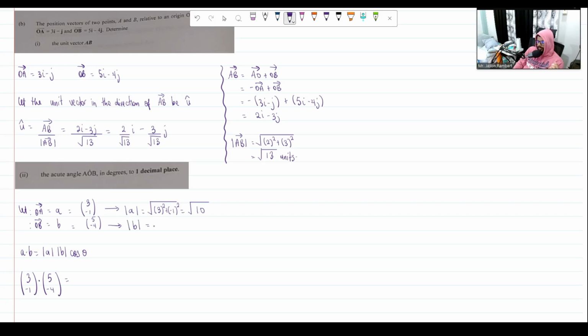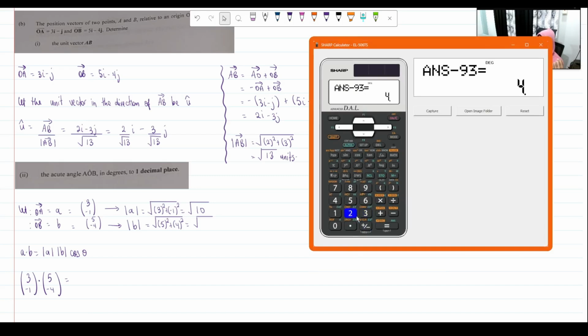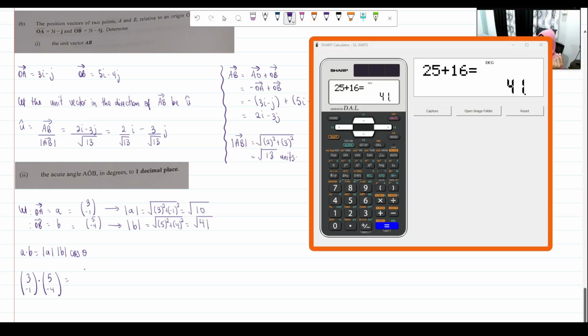The modulus of B is the square root of 5 squared plus 4 squared, 25 and 16, like 39? I don't know. Let me check and see. 25 plus 16 is 41. My bad. So this is equal to root 10, root 41.